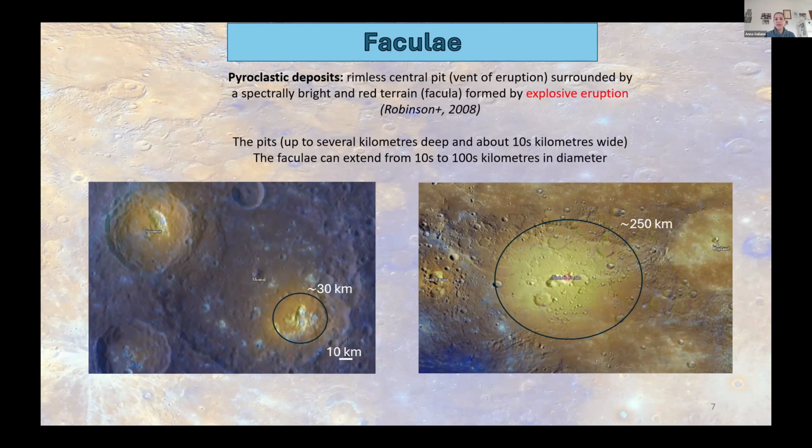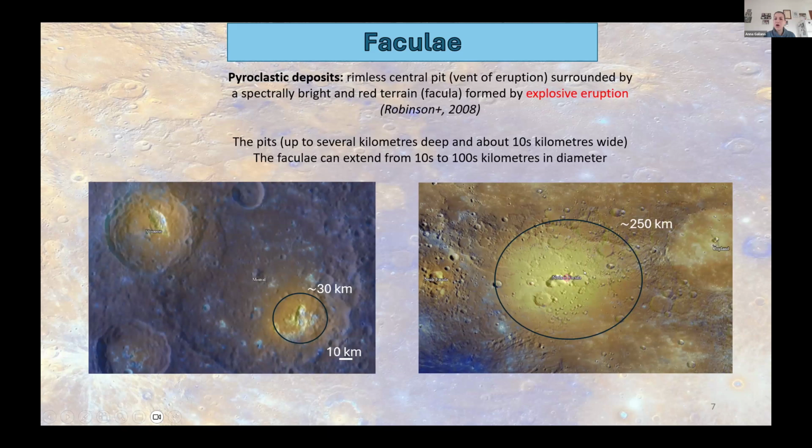The pits are up to several kilometers deep and can be 10 kilometers wide. Concerning the extension, the facula can range from 10 kilometers, such as in the case of this facula in Mistral crater, which is about 30 kilometers in diameter, but the extension of facula can also reach hundreds of kilometers in diameter.